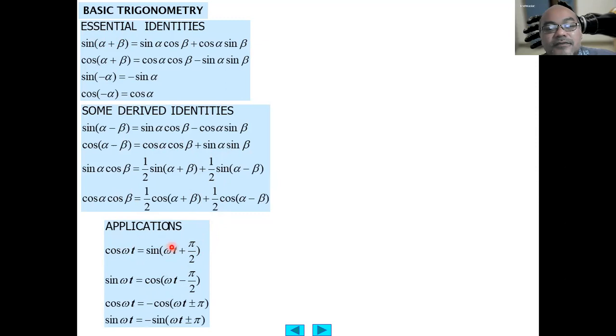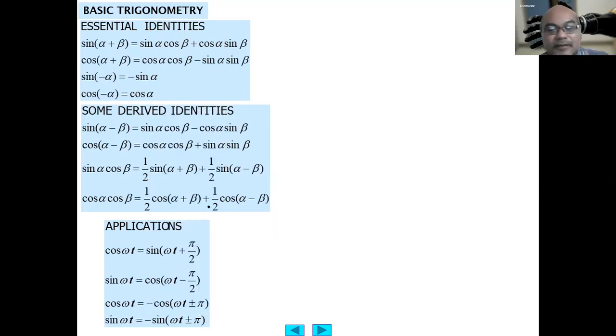So this equals cosine omega t, plus sine omega t cosine pi over 2. Cosine pi over 2 is 0. So what remains is only cosine omega t.